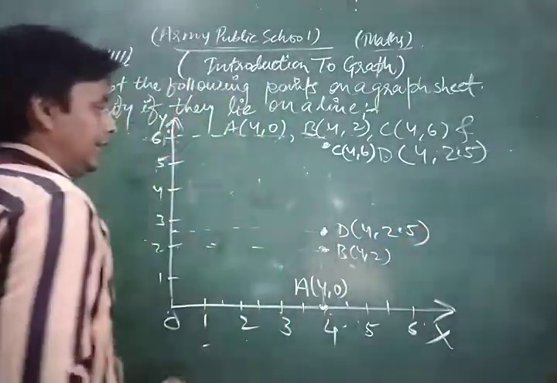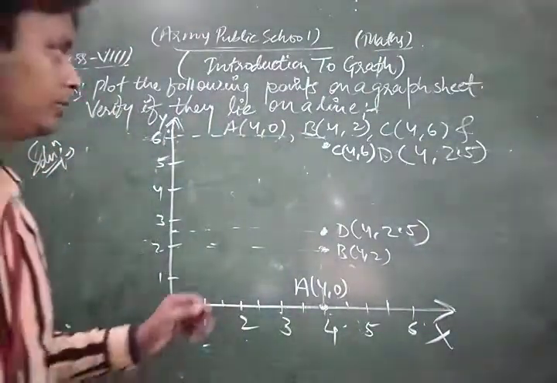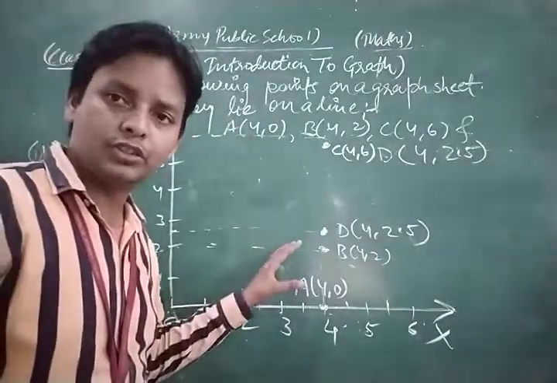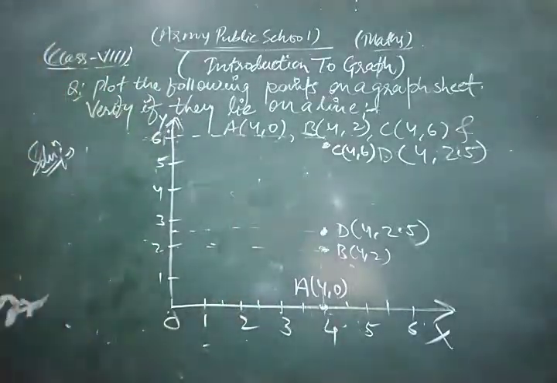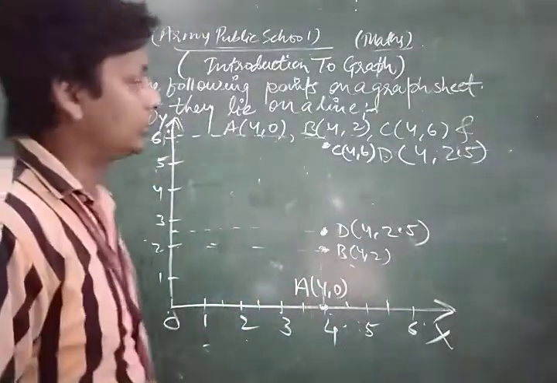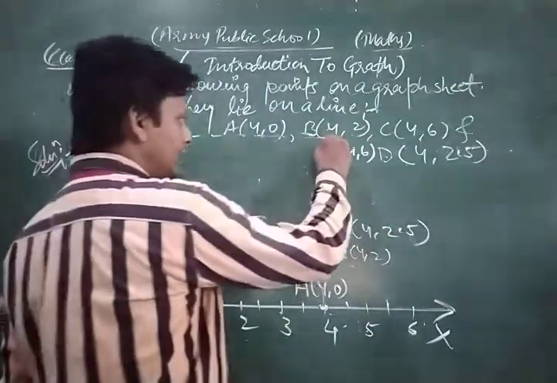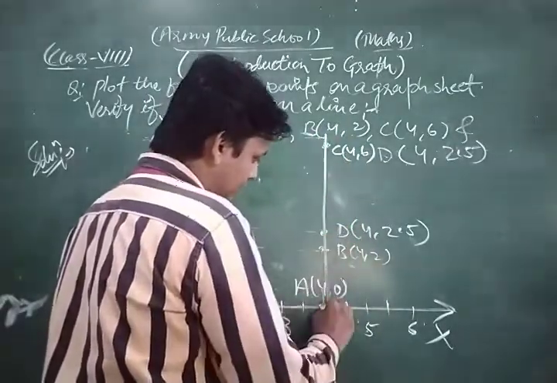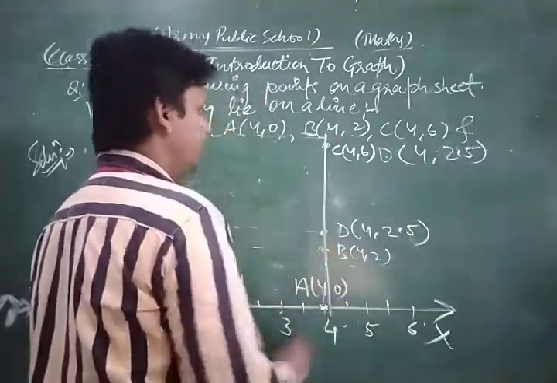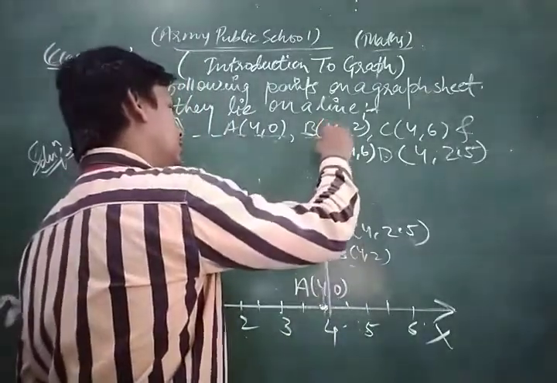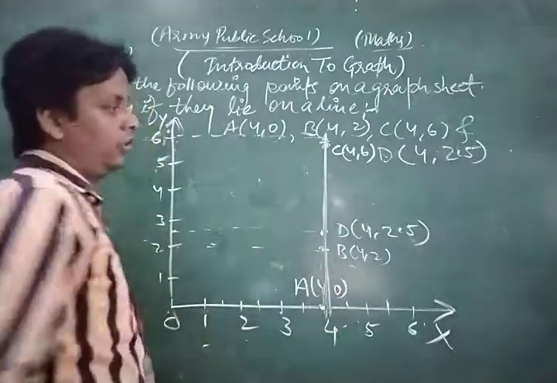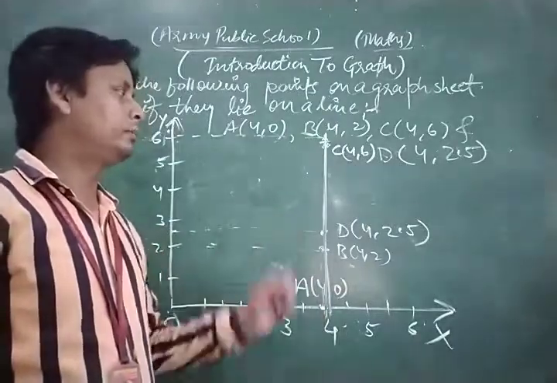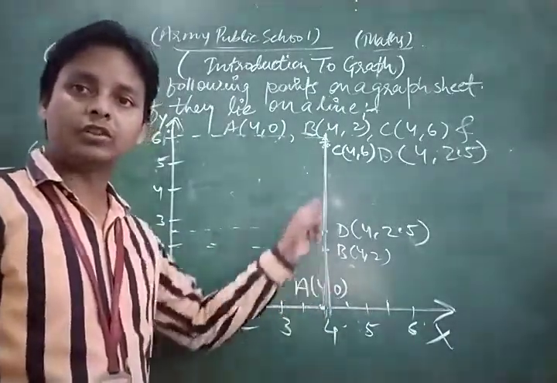So now look, your question is, firstly, what do I do? Firstly, dear student, we draw all these points on the graph sheet, and also we verify that they lie on a line. Look, if we join all these dots, we have a straight line. If we join them, then we have a straight line, and all these given points A, B, C and D lie on that line.